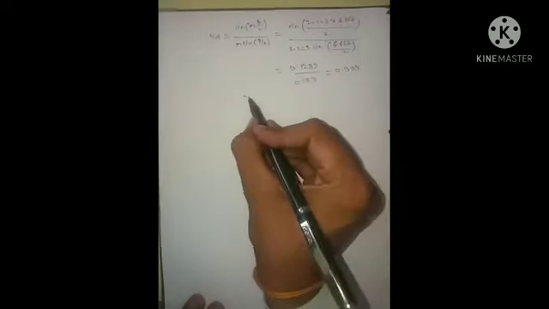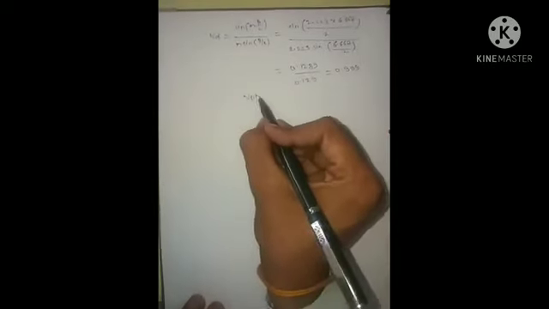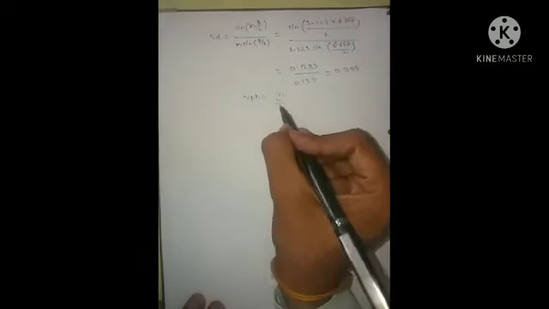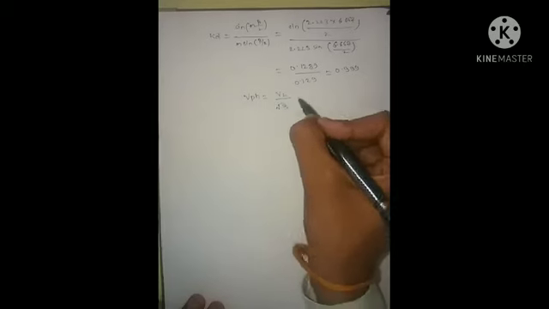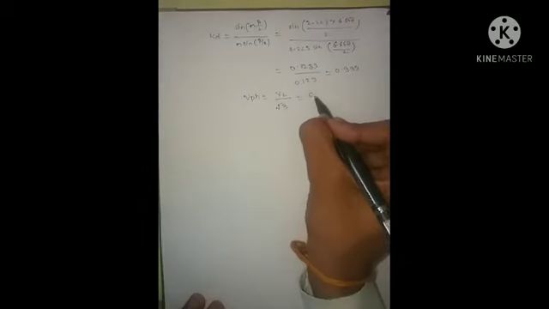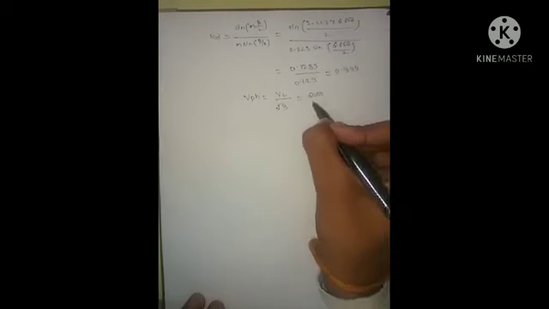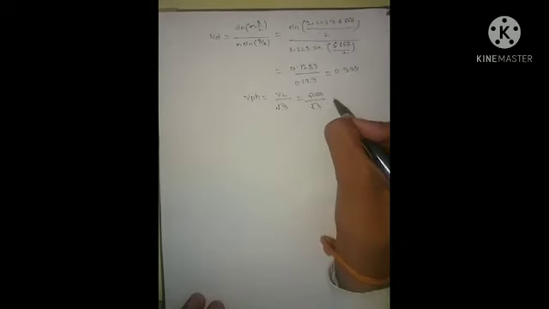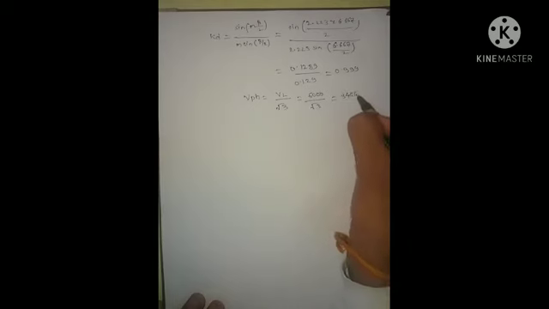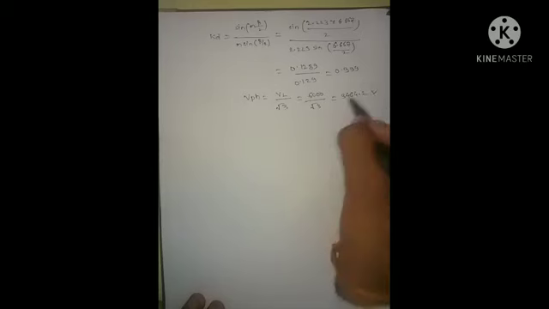Therefore now VPH equals VL upon root 3 equals 6000 divided by root 3, and the answer is 3464.2 volt.